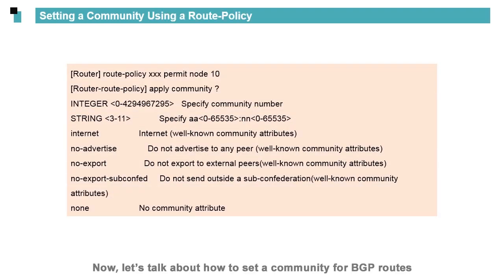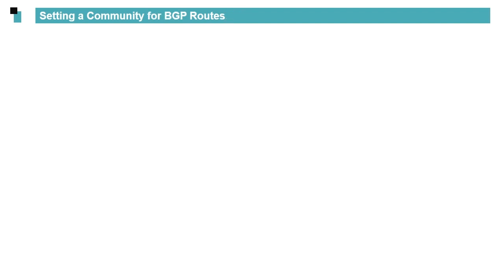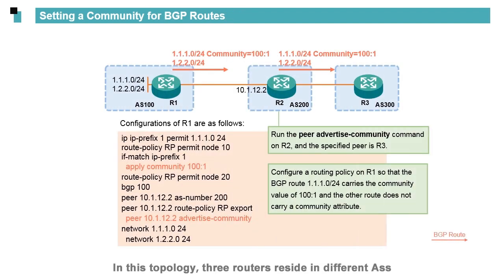Now, let's talk about how to set a community for BGP routes. In this topology, 3 routers reside in different ASs. R1 has 2 direct routes, 1.1.1.0/24 and 1.2.2.0/24, and the 2 routes are imported to BGP.